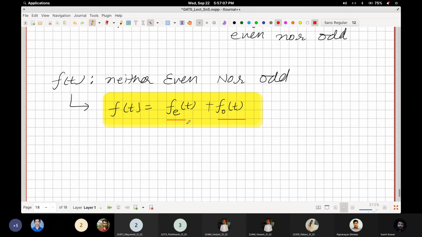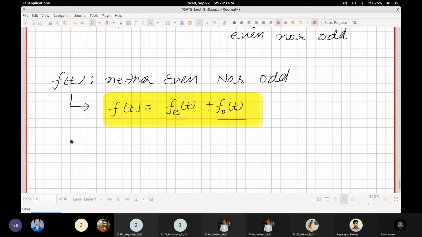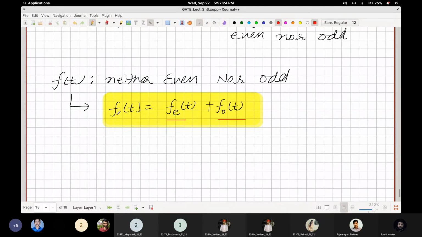Yes, sir. It is desirable when you will be doing Fourier series and all that. If the signal is even, the calculation of Fourier series will become much easier. In many other situations as well, if the signal is either even or odd, then it's much easier to do. So even if the signal is neither even nor odd, we would like to express that as the sum of even and odd, and then we will do further analysis. That will make our task much easier later on.